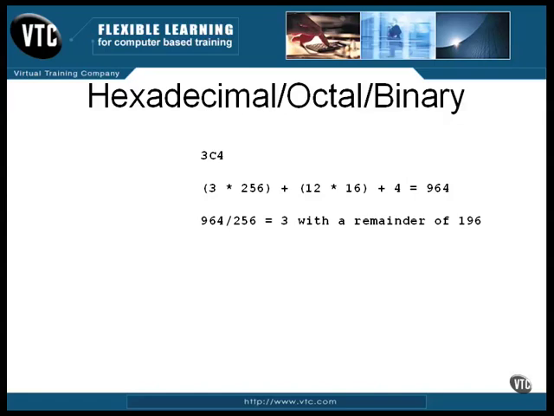The remainder of the division is important because you use it in the next step. The last remainder is divided by 16 to the power 0, which is 1. The result is the 3 digits in the result, 3, 12, and 4, which is written in hex digits as 3C4.